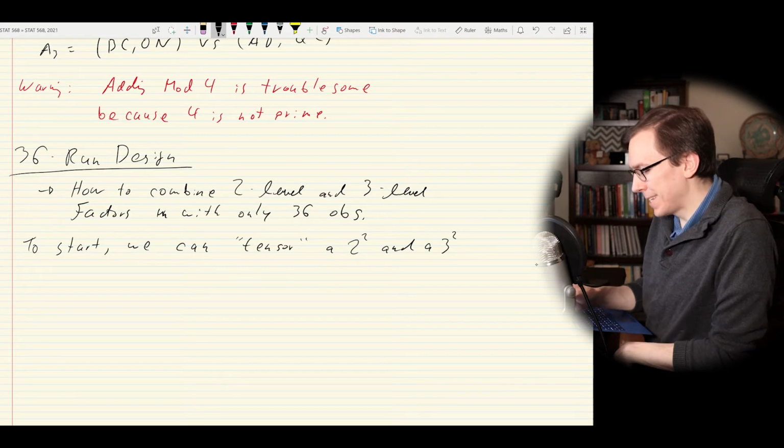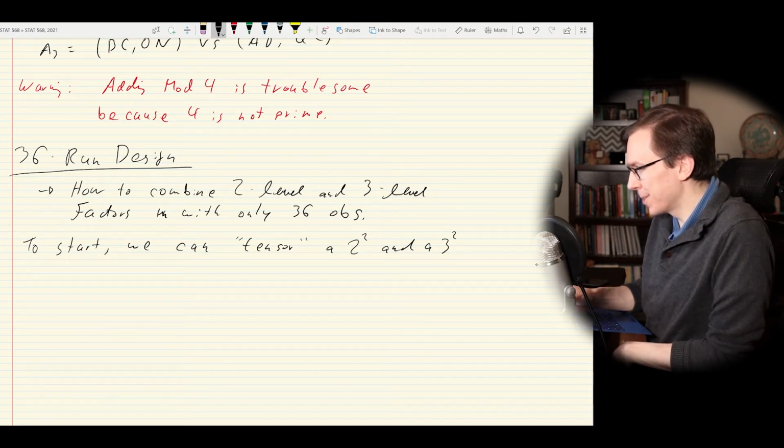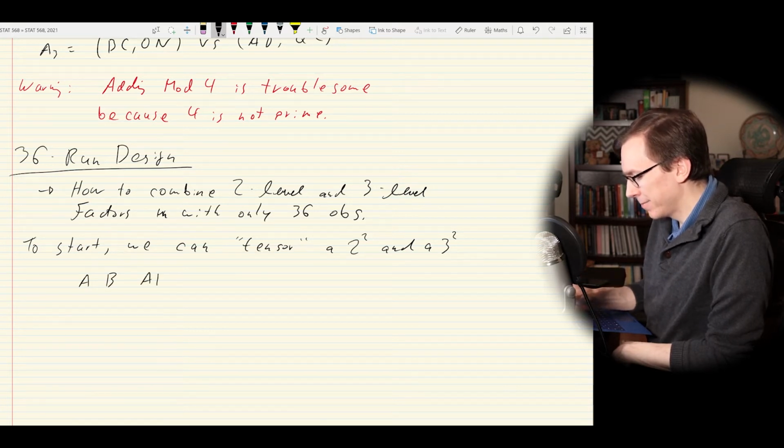Basically, we're going to take 2 tables. We're going to have something like A, B, and AB, which is going to be minus, minus, plus, minus, plus, minus, plus, minus, minus, and plus, plus, plus.